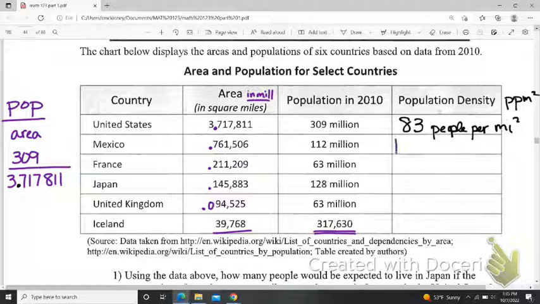So if you want to pause and try it yourself, I'm just being a little lazy by writing people per square mile.